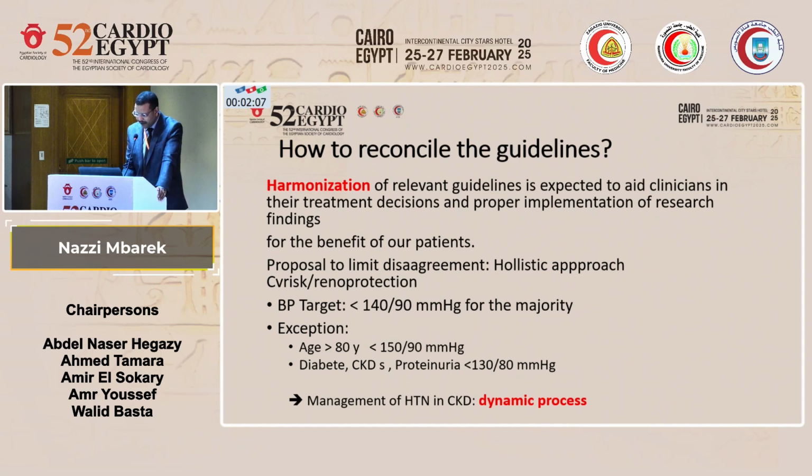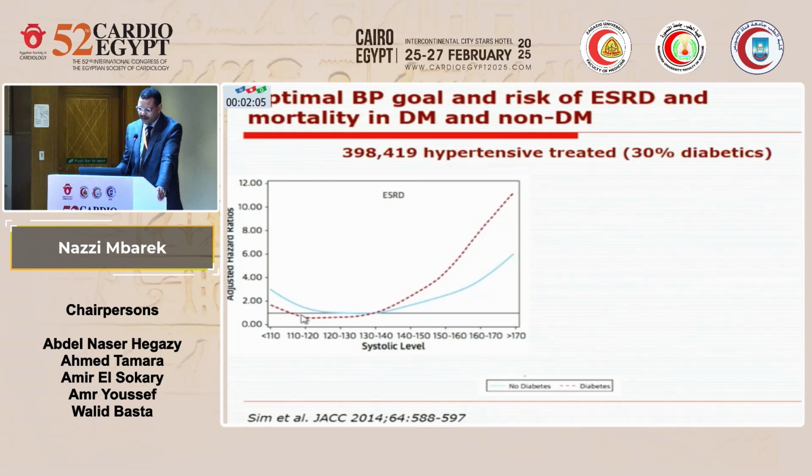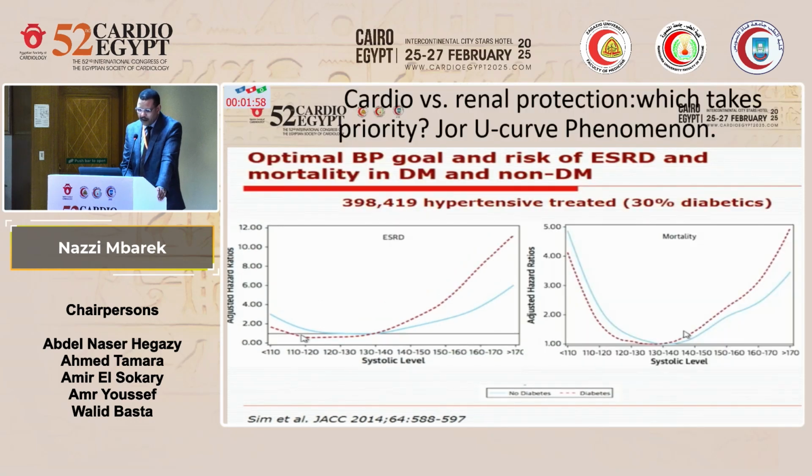And the main target must be less than 140. So if you go further, whenever you are intensive, for progression to end-stage renal failure you see the plateau or the nadir where we have no event. It's between 130 and 140.